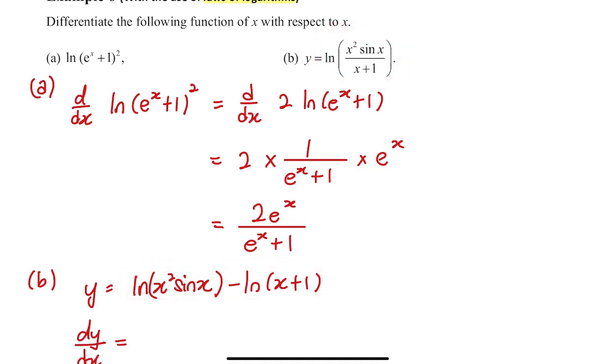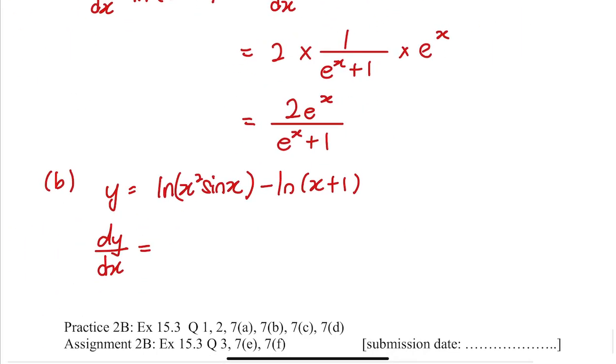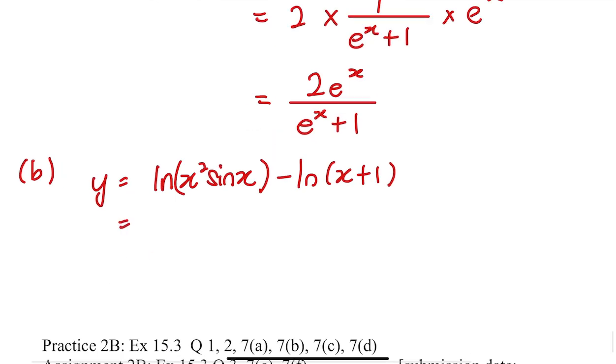Then now what I can do is simply differentiate this term by term. Before I write dy over dx, if you recall again what you've learned last year, this can be split further into ln x squared plus ln sine x. This is what you learned last year using a product law as well. Minus ln x plus 1.